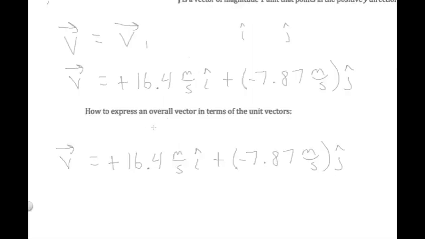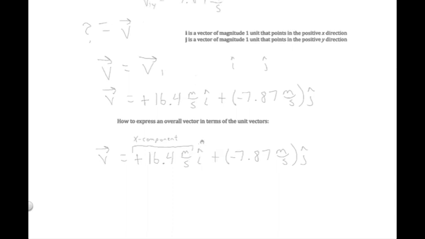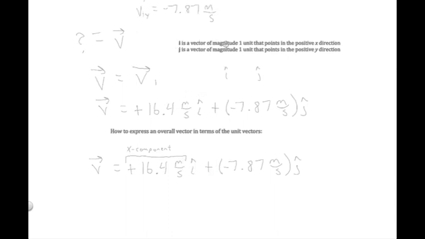So in case you didn't know, let's summarize how to express an overall vector in terms of the unit vectors. You can see that first we write the x component. And then we multiply that by i hat. That makes sense because i hat is in the x direction, so it makes sense that that's associated with the x component.